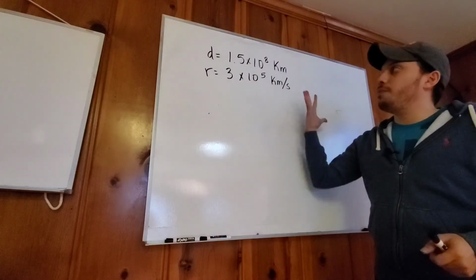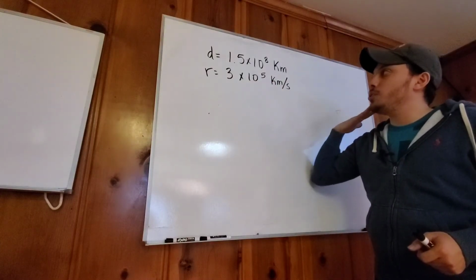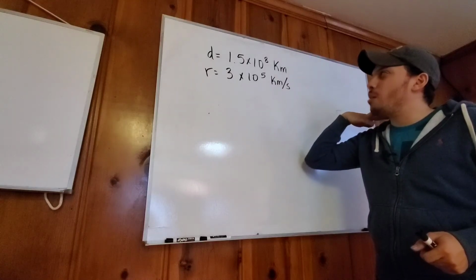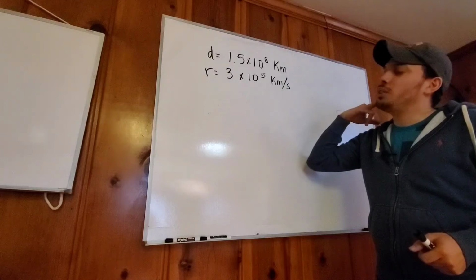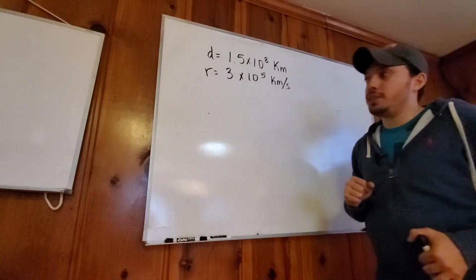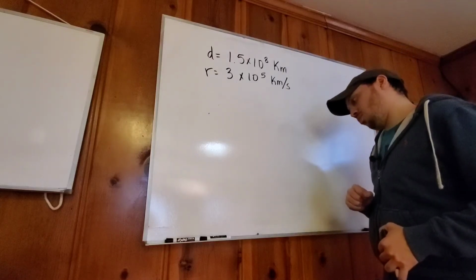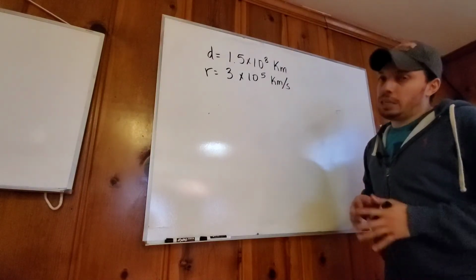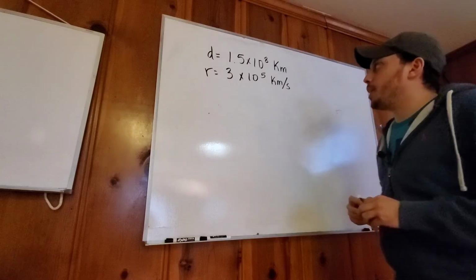So it's 3 followed by 5 zeros, which is 30,000 kilometers per second. No, it's more than that. It's 300,000 kilometers per second. Yes, 300,000 kilometers per second.